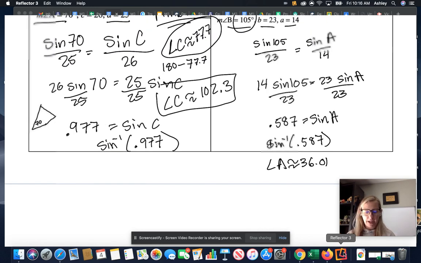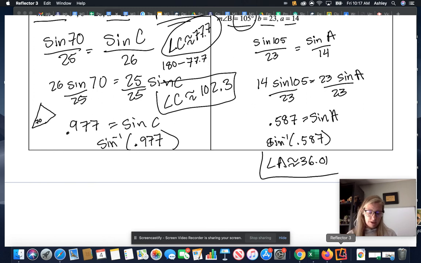So all angles in a triangle have to add up to 180. 36 is the only one that's going to work here because if I add 144 and 105, I have gone over, my friends. This is not going to work out. So there is no other angle option. Because we have that obtuse angle, it's kind of preventing me from having the big angle option here. Hopefully that makes sense. Reach out with questions as needed and have a wonderful rest of your day.